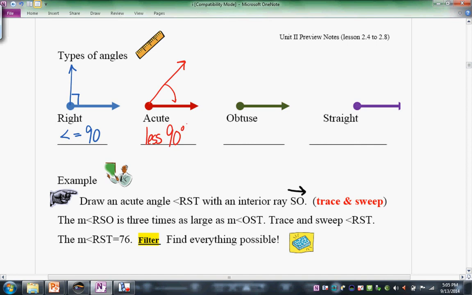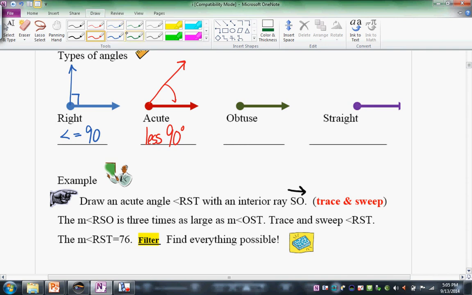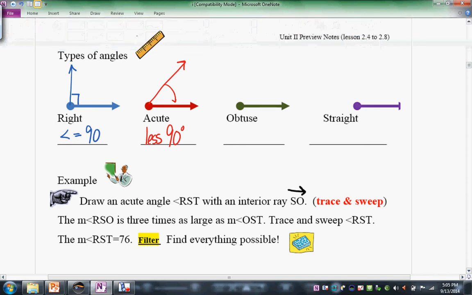So it's less than a corner. An obtuse angle is bigger than 90. To remind myself that it's bigger, I usually say it with a deep voice. I call obtuse. And then you have what's called a straight angle.